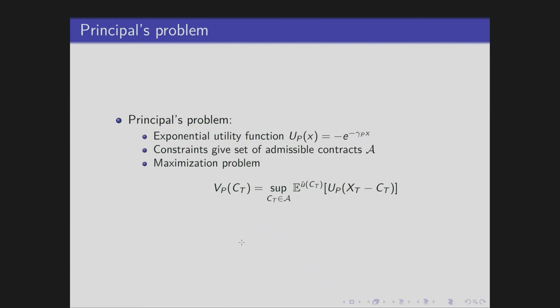So this simply means he's not allowed to pay the agent too little, and then he has to solve the maximization problem of his own expected utility, which depends on the output process minus the cost of the contract. And here we again take the maximization.